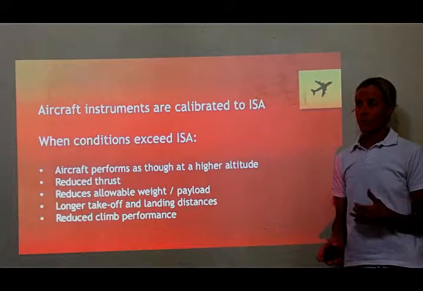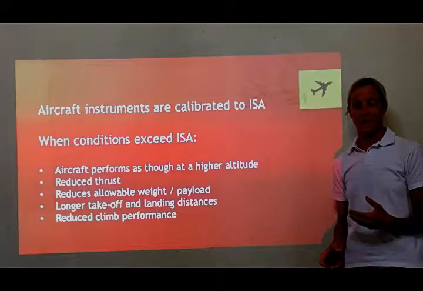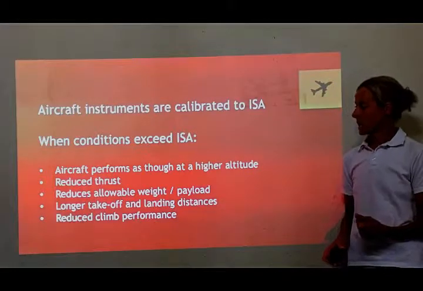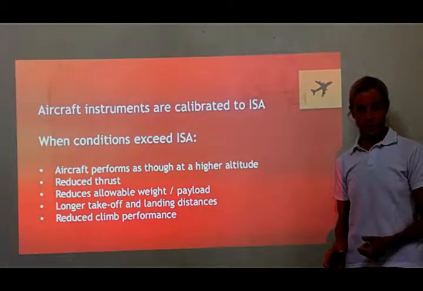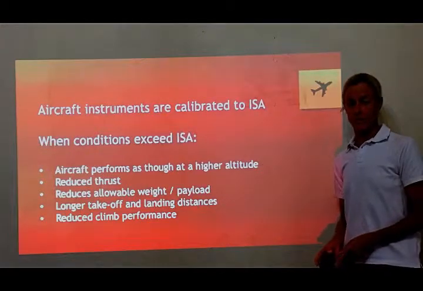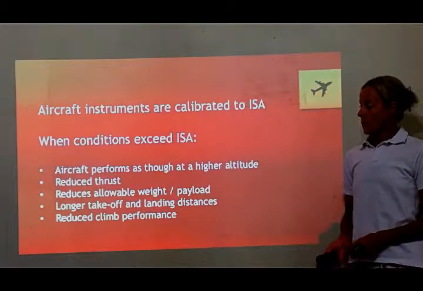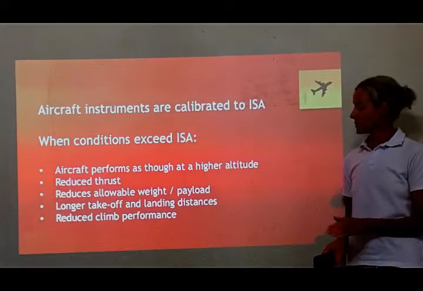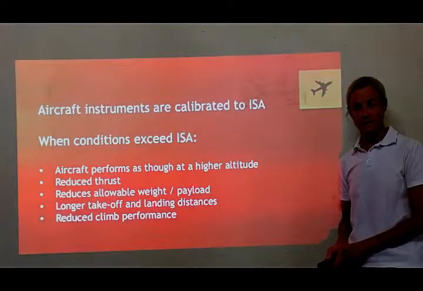The aircraft will perform as though it is at a higher altitude than it actually is. We will have reduced thrust. Our climb performance is going to decrease significantly. We will have a longer takeoff roll, and we will have a longer landing distance too.